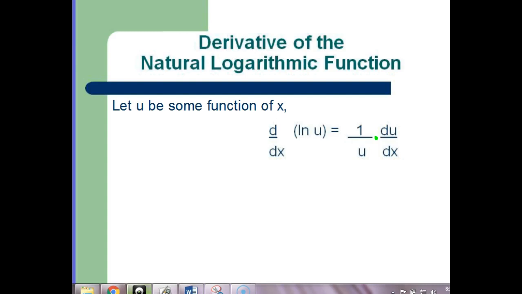Inverse cosine of u was u prime over square root 1 minus u squared. Good. Great examples.